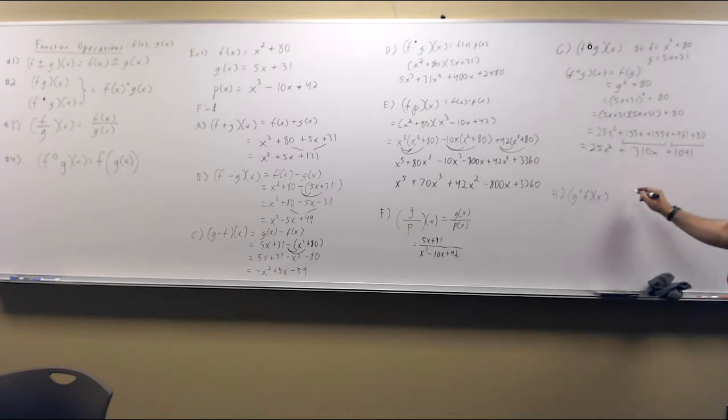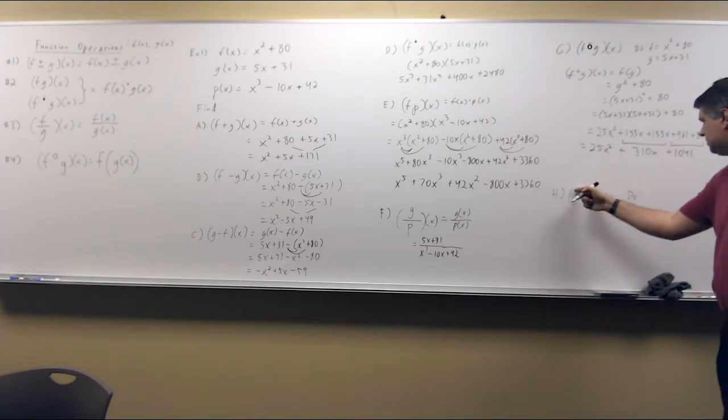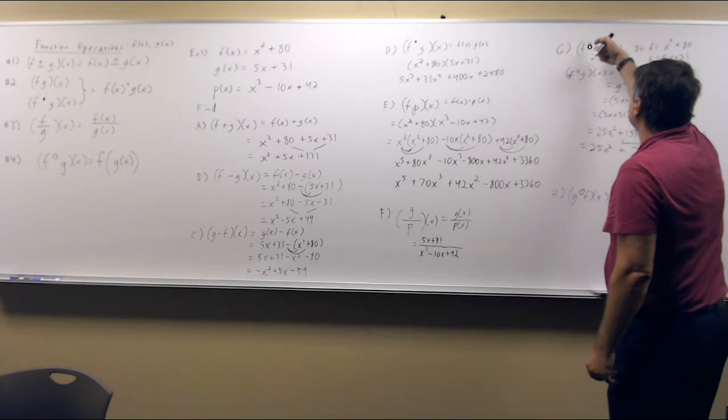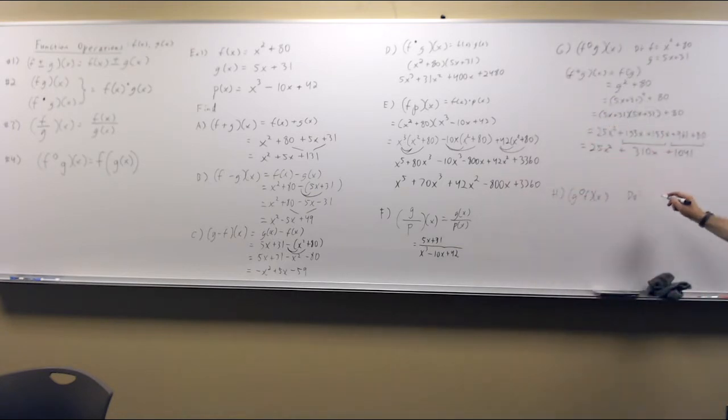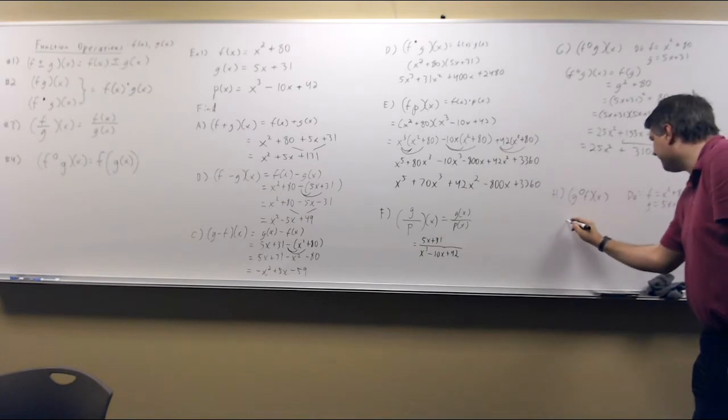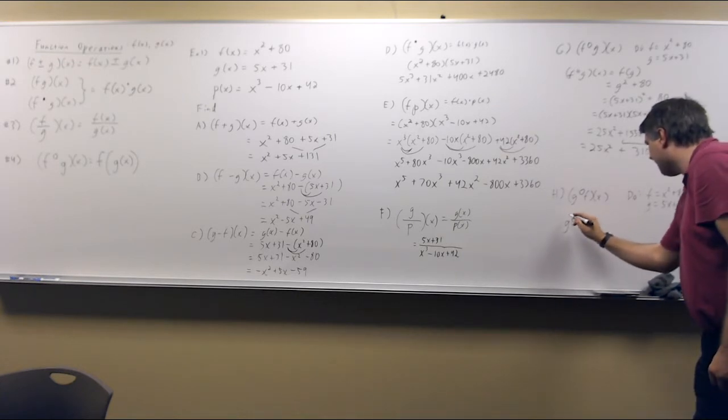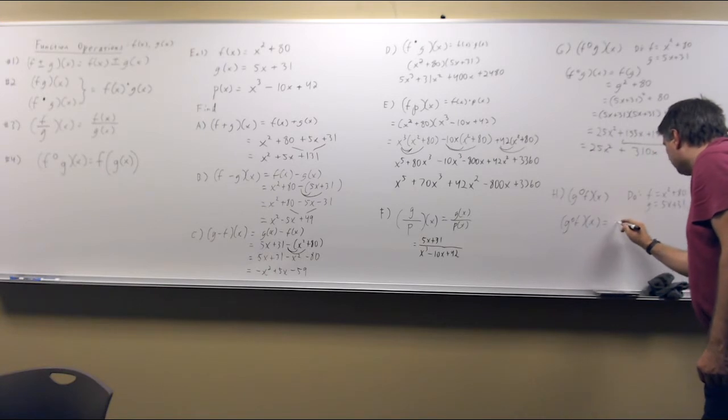This is different from g of f of x. Again, there's a hollow ring between these. Okay, the same thing, I'm going to let f equal x squared plus 80, and g will equal 5x plus 31. Now, g of f of x equals g of f.